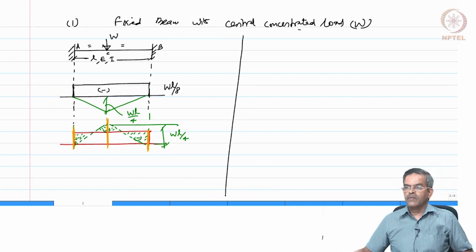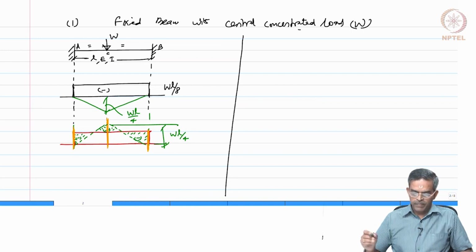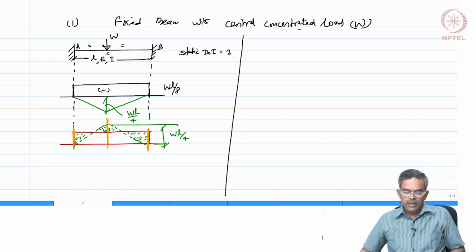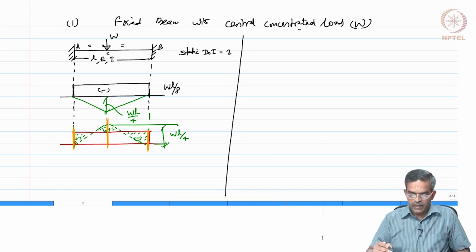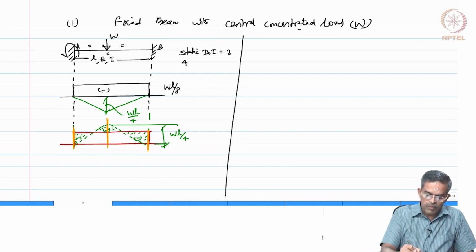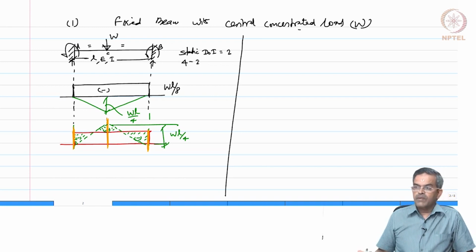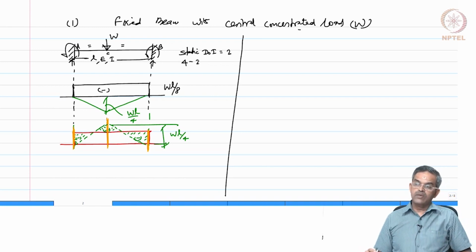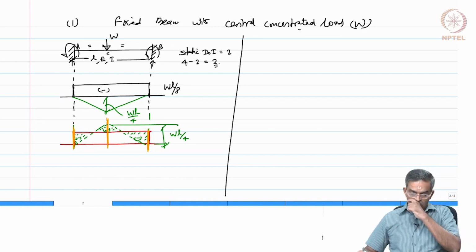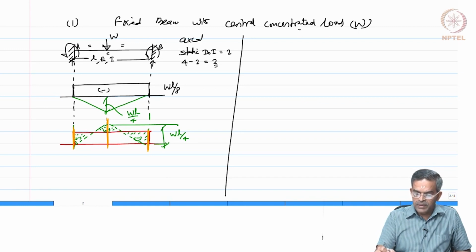The static degree of indeterminacy for this problem is 2 by neglecting axial deformation, that is 4 unknowns: moment, reaction, moment, reaction. There are two equations of equilibrium, sigma Fy equals 0 and sigma M equals 0. So, the degree of indeterminacy becomes 2 by neglecting axial deformation.